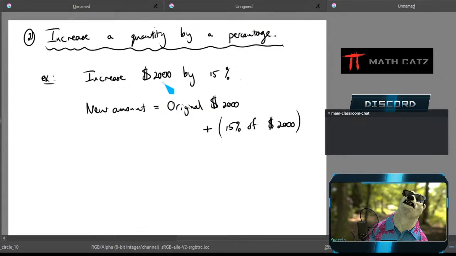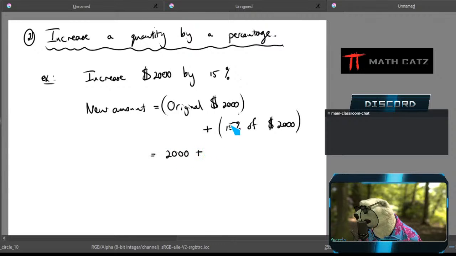So increasing means I have my original. It's not going to change. On top of that, I get 15%. How much do I have in the end? Well, of course, I have my original plus this increase amount. So I have two separate things that I merge together. So I have 2000 plus, now I have to figure out this, but this in the second bracket here is exactly a percentage of a quantity.